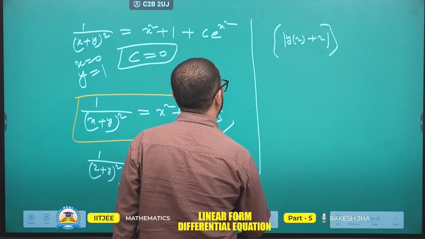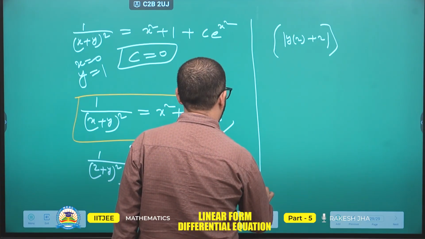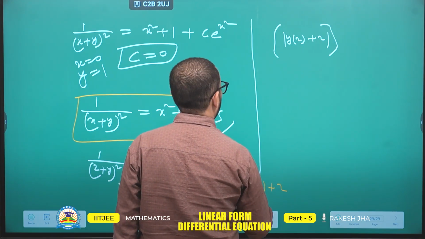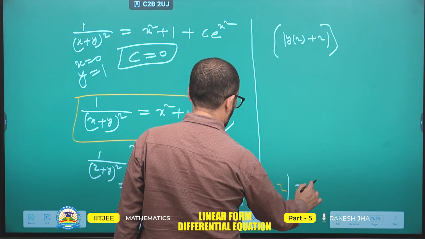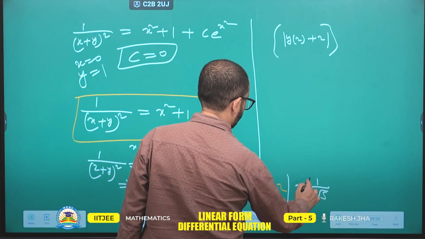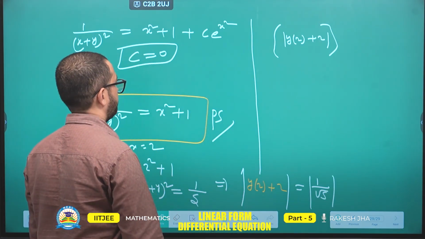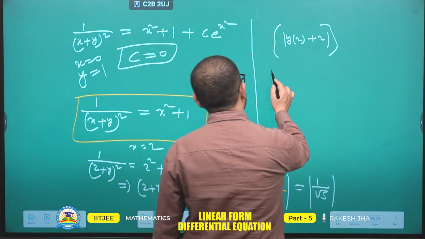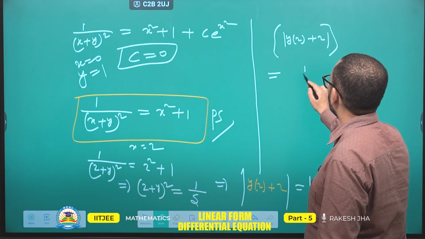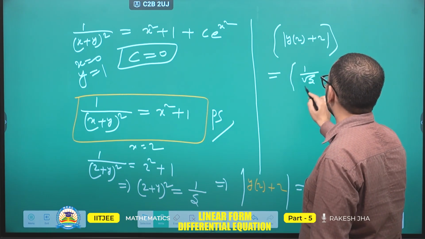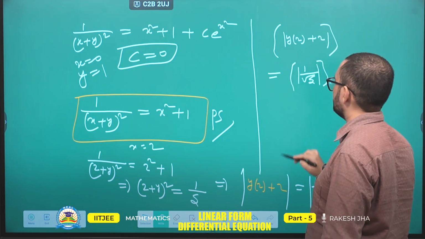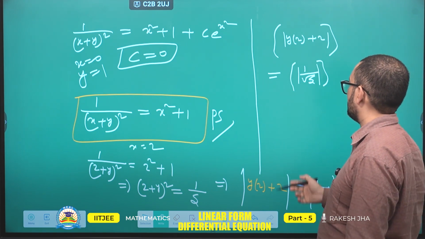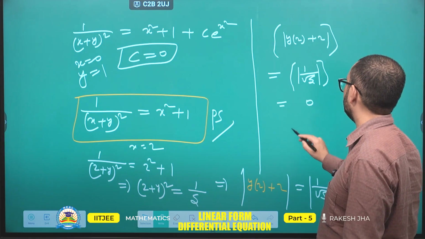So you can write y of 2 plus 2 modulus will be equal to 1 by root 5. So this value is nothing but 1 by root 5 under the greatest integer function. So it will take positive value only. So the answer will be 0.